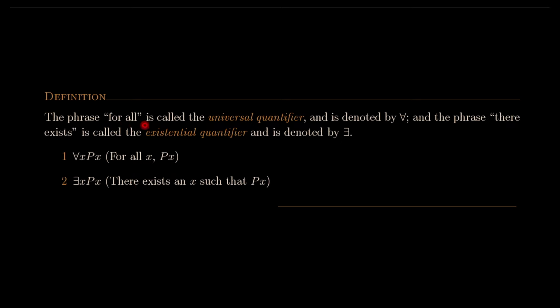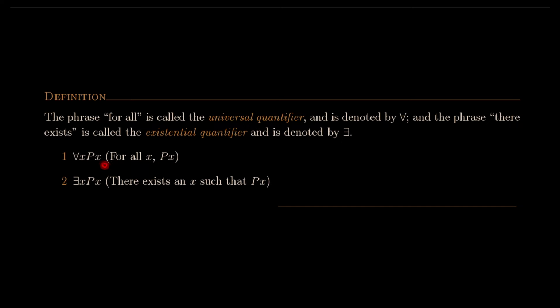Now, this is the most important thing that we want to study today. The phrase "for all" is called the universal quantifier and is denoted by this upside down letter A. And the phrase "there exists" is called the existential quantifier and is denoted by this symbol. It is like a capital E, but in the reversed form. So when you see "for all x, p(x)", read it like this.